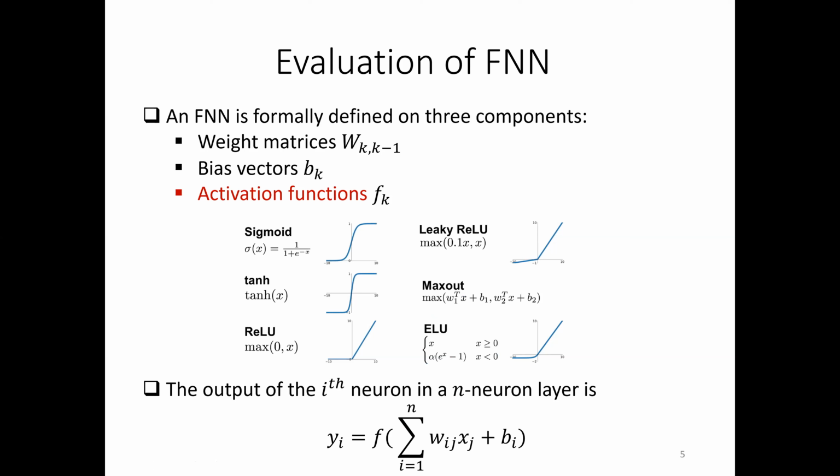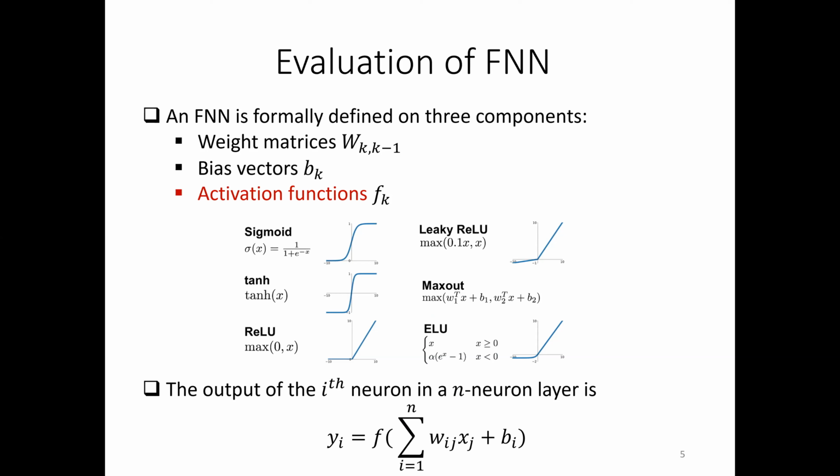So you can have sigmoid, tanh, ReLU, Leaky ReLU, Maxout, or ELU. The most popular ones that we're going to consider in this class are ReLU, tanh and sigmoid, which are very popular activation functions used in the real world.